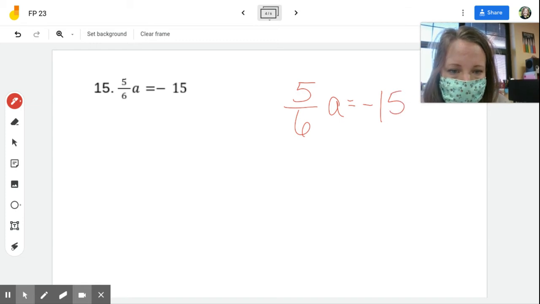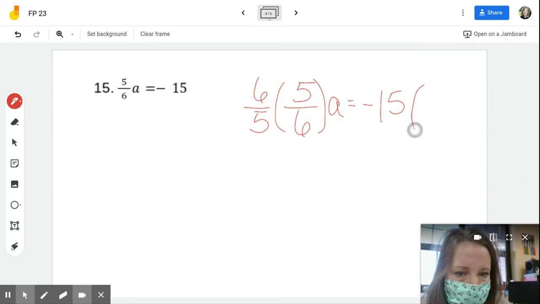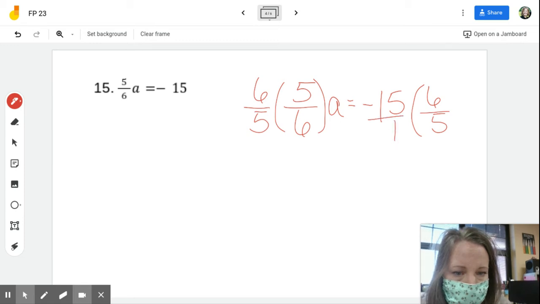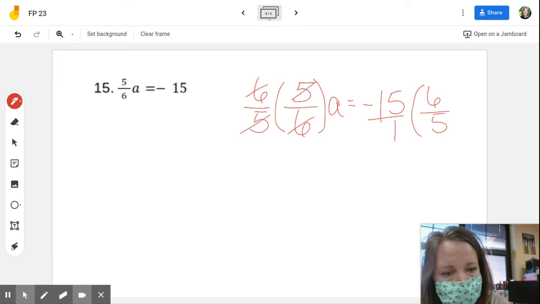If I divide by 5/6, isn't that the same as multiplying by the reciprocal? Keep it, change it, flip it. So I'm going to do the same thing on this side. When I do it here, 6 and 6 become 1 and 1, and I'm just left with A, right?